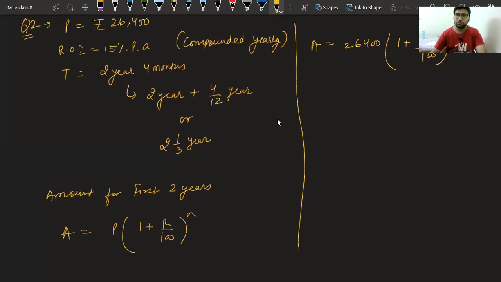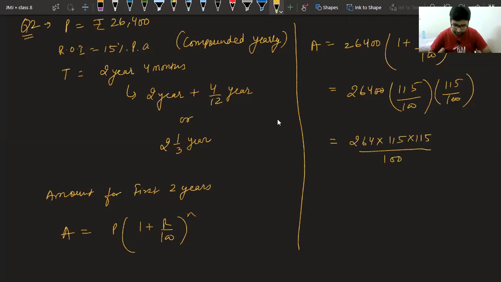Now we can write this as 26,400 into 115 upon 100 into 115 upon 100. Now class, what will we do? Cut these two zeros, and now you have to multiply 264, 115 and 115, and finally put decimals.